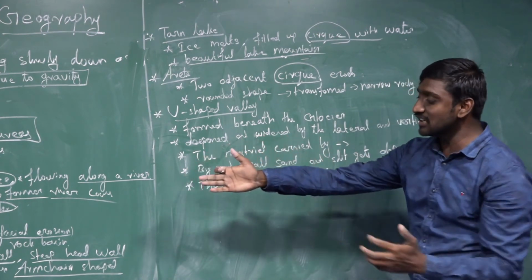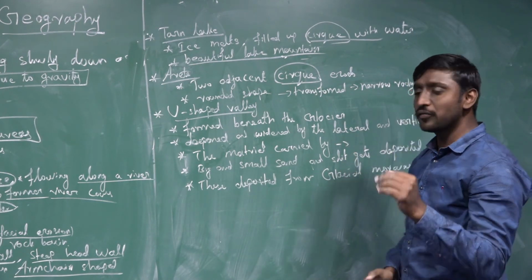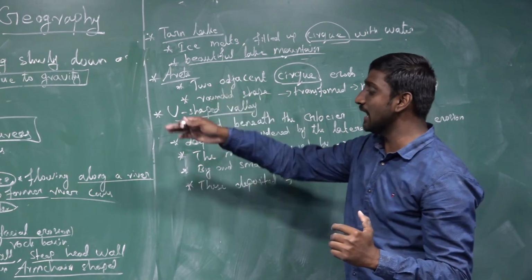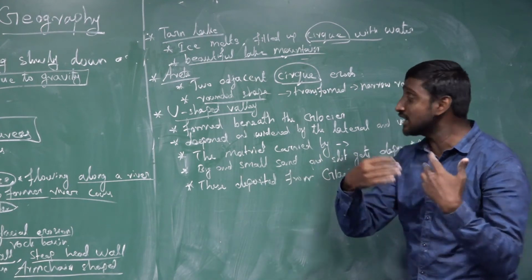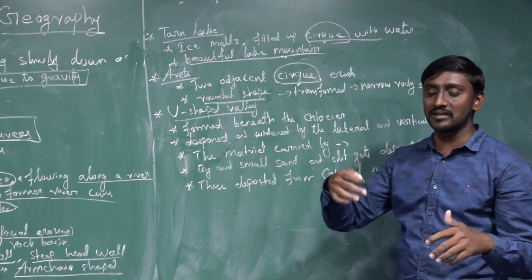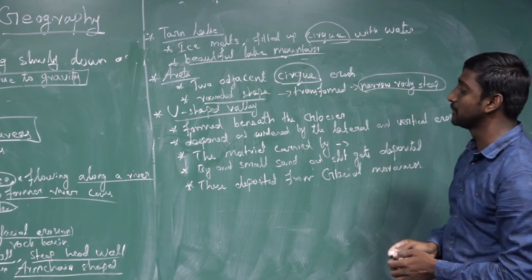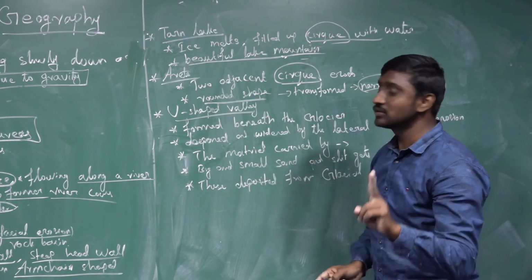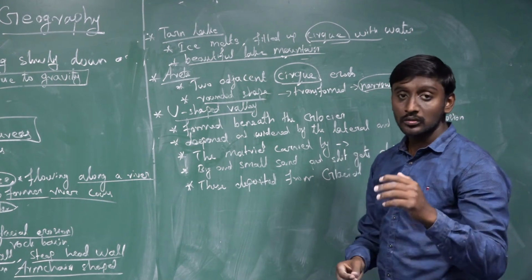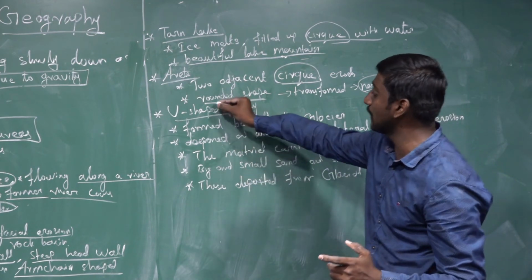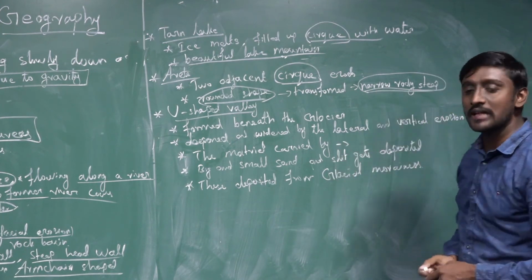Previously the cirque had a round shape, and it is transformed into a narrow rocky strip.